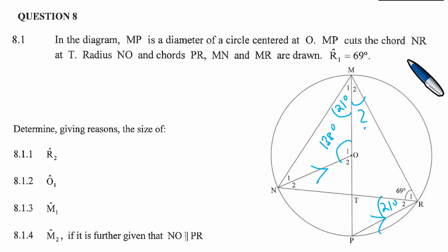Right, Pehelelo, what do you think? M2. You might do magic. Pehelelo might do magic here. Okay, but you want to find the size of the angle M2. Boston, what do you think?